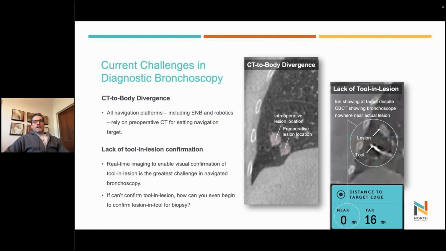And all of the navigation platforms, aside from some that we'll talk about, including EBUS and robotics, rely on that scan. The problem is you can get divergence, and the other problem is you don't have any way to track once you're there that you're actually biopsying the nodule and not a virtual target. If you can't confirm that your tool is inside of the target, how are you going to even begin to say that the target is in your tool?